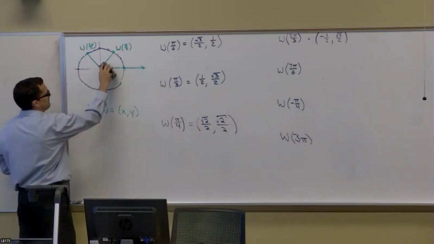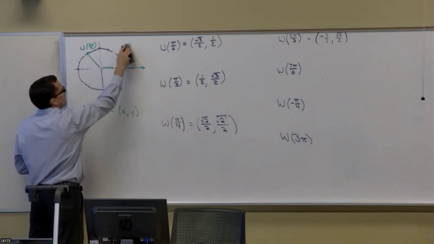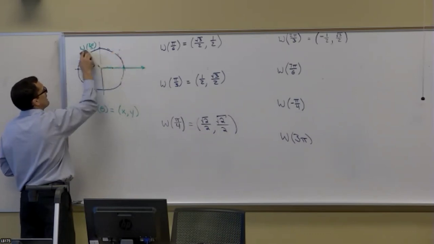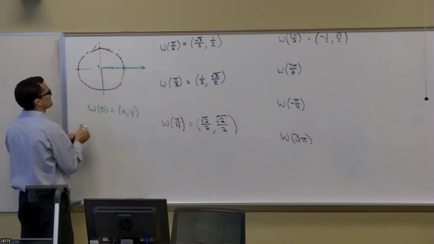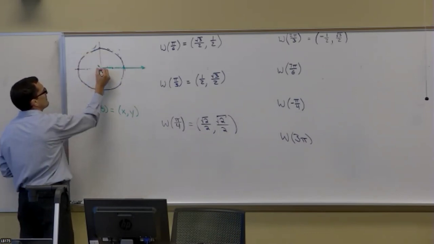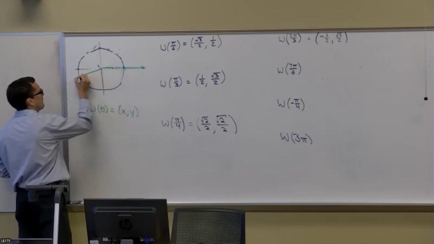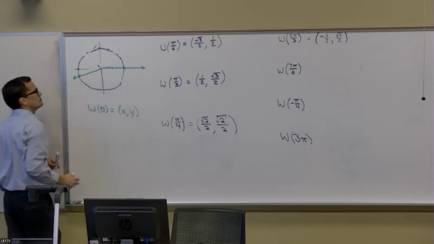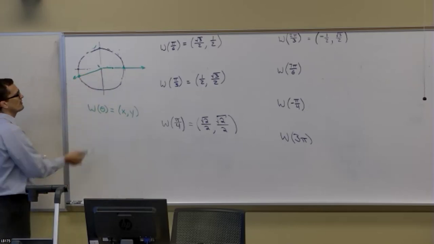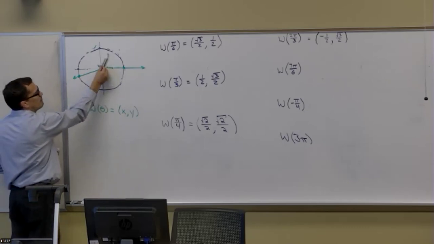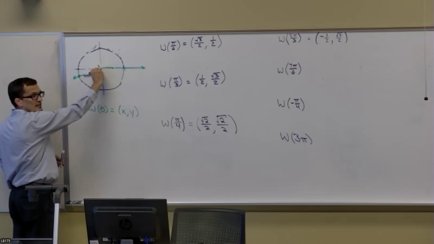Let's play that same game with 7 pi over 6. Seven pi over 6 shoots over there. Notice that's a pi rotation plus an additional pi over 6.